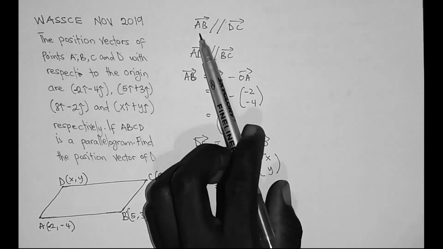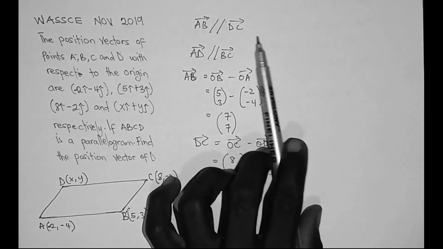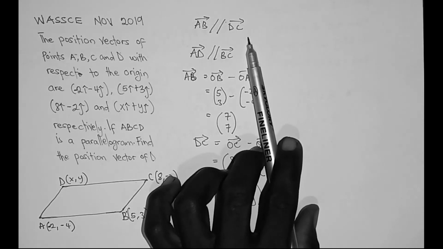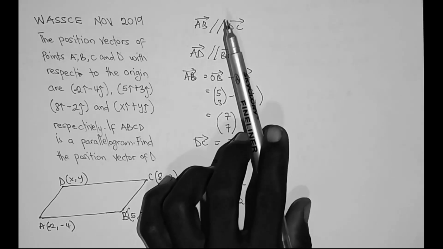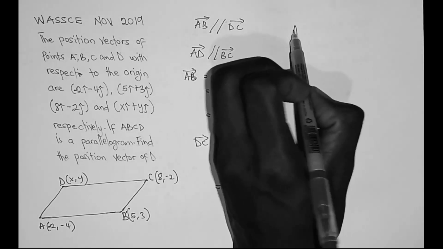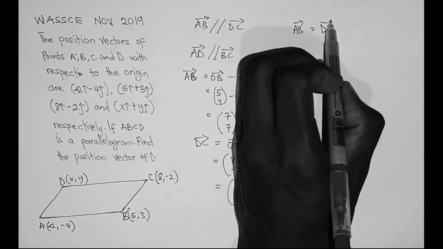But we've already established that the vector AB is parallel to the vector DC. And since they are parallel, it means that the vector AB is equal to the vector DC. So vector AB is equal to vector DC.